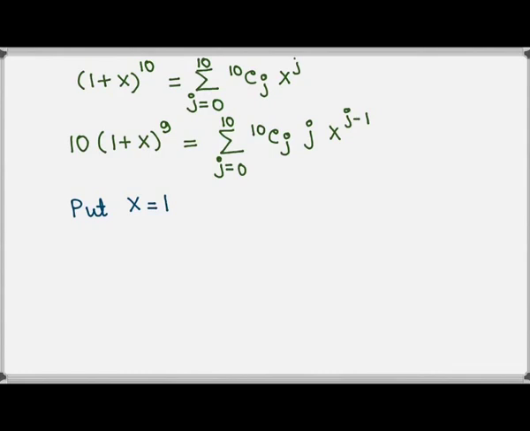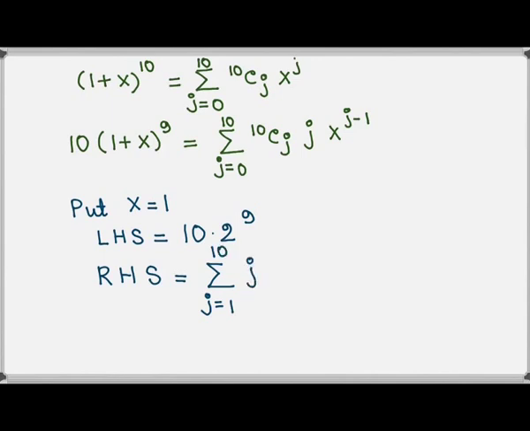We get left hand side equal to 10 into 2 to the power 9, and right hand side equal to the sum from j equals 1 up to 10, j into 10Cj.